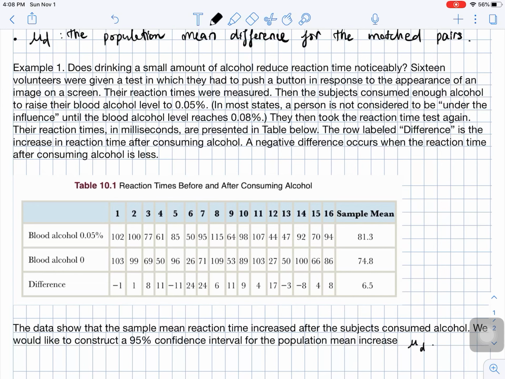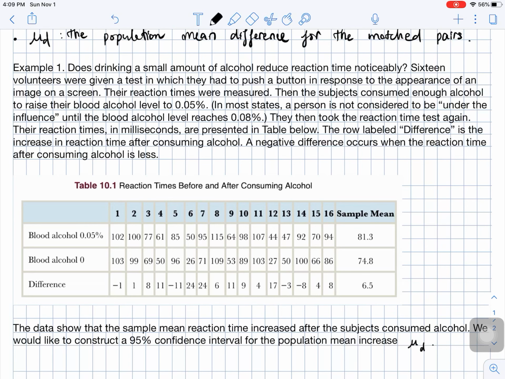D bar is the sample mean of the difference, and sd is the sample standard deviation. Mu d is the population mean difference. We will explain the d bar, sd, and mu d later.